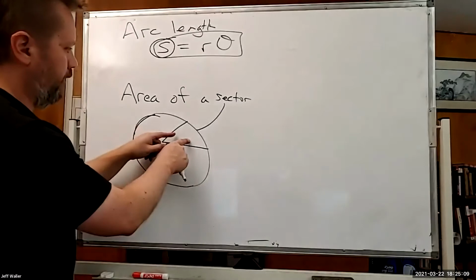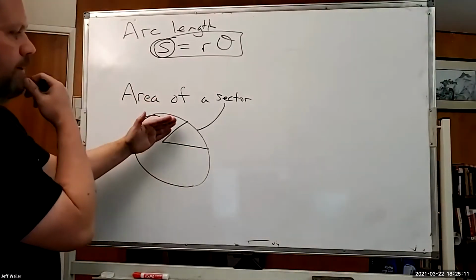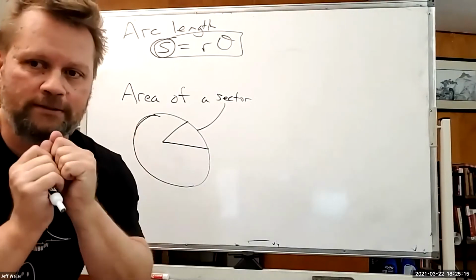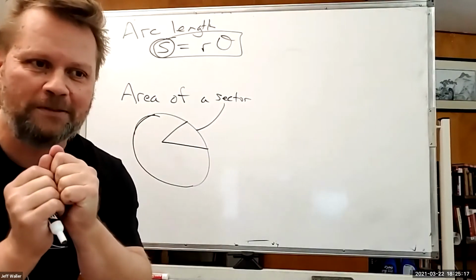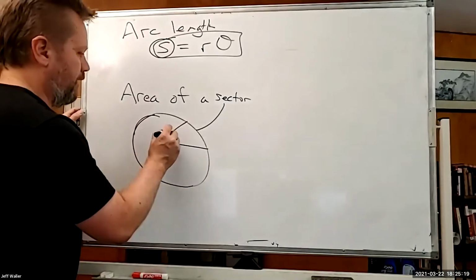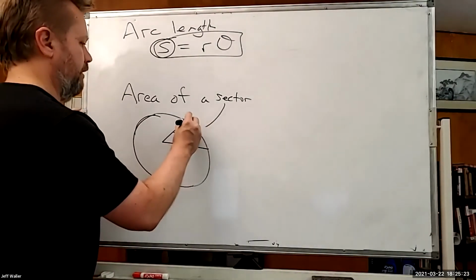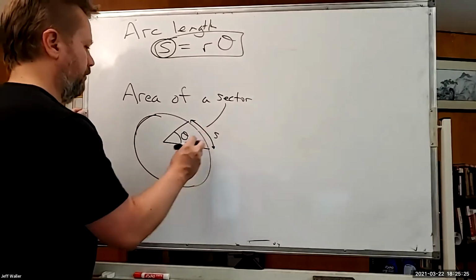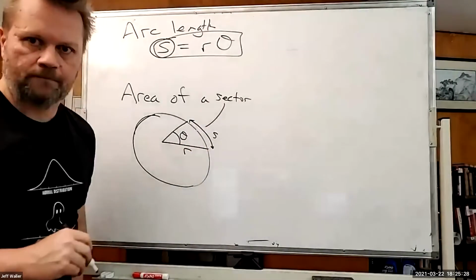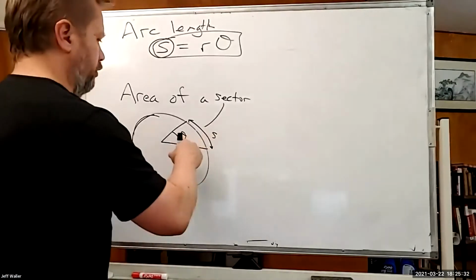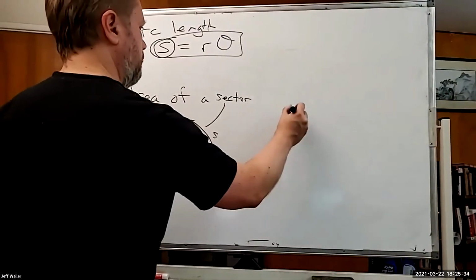So I wanted the area of this slice of pizza. Now this is so cool. Stay with me. So let's say I know that the angle is theta. I know that this length, of course, is S. I know the radius is R. Let me redraw this over here.